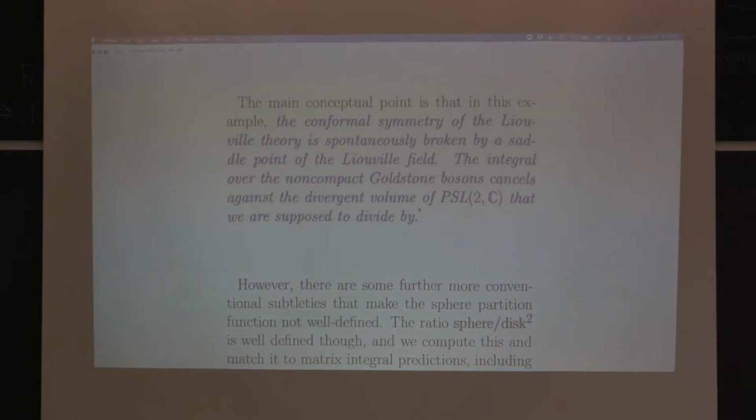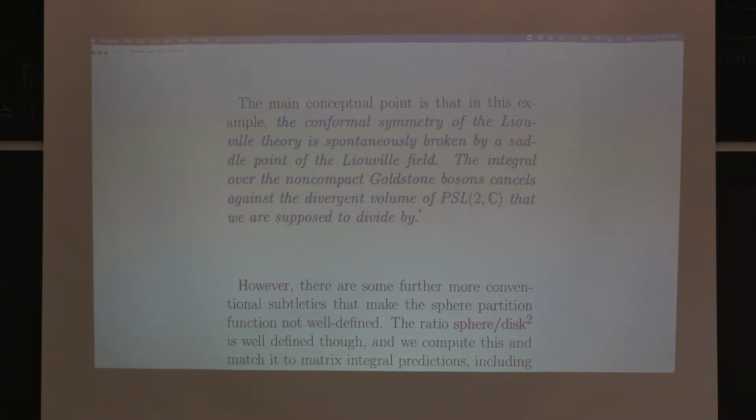So that's the point, that there are lots and lots of saddle points. You need to find them all, and you need to cancel those saddle points with this denominator here. But there are still some conventional subtleties that give order 1 ambiguities in this number, related to, for example, the conformal anomaly and choices in the path integral measure.